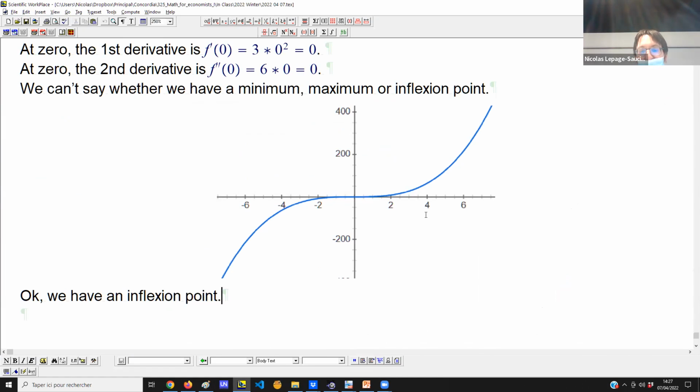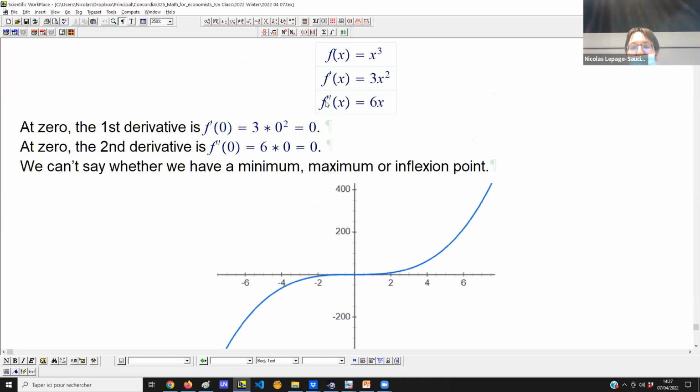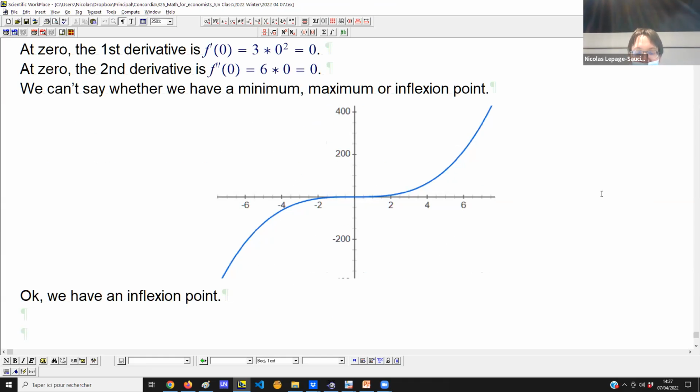And how do we know we have an inflection point? Well, because the rate of change of the derivative goes from decreasing, decreasing, decreasing, and then it starts increasing, increasing, increasing. So the rate of change is always positive. That's how you would check whether you have an inflection point or not: you check the third derivative, and if it's positive at 0, then we know we have an inflection point.